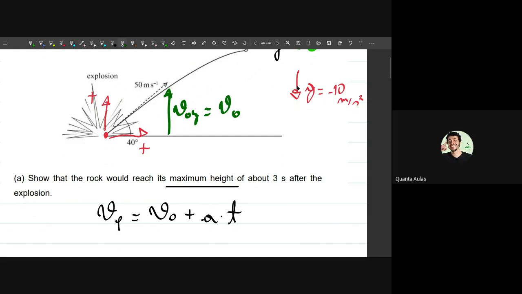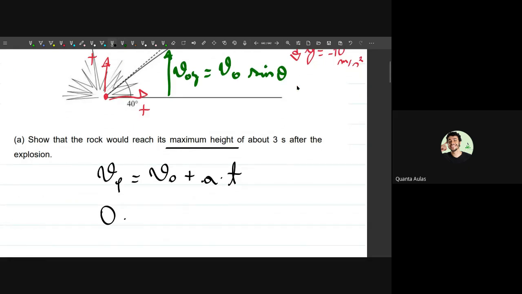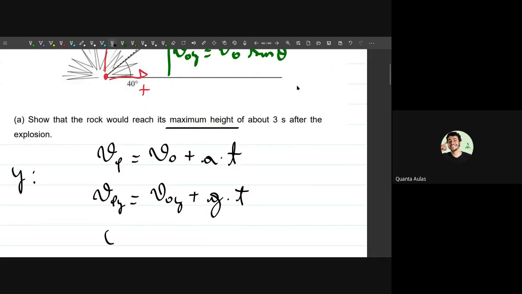Perfect. So we can put this information in our equation. I need to adapt this equation because we are in the y-axis in this situation. Here we have this, and here I can put the gravity. Now I can put the values.